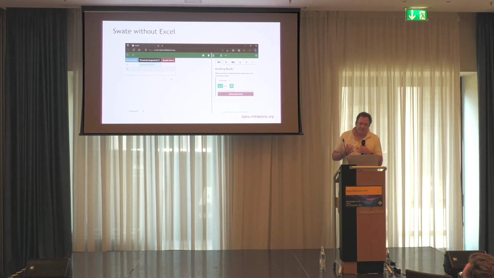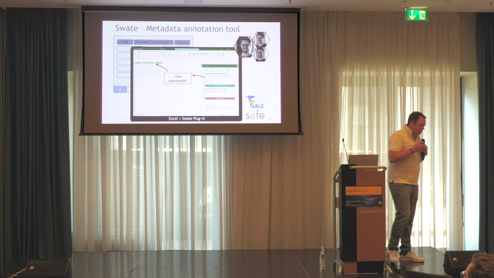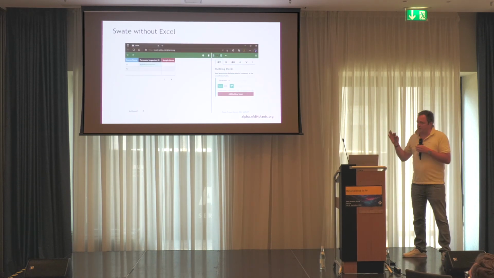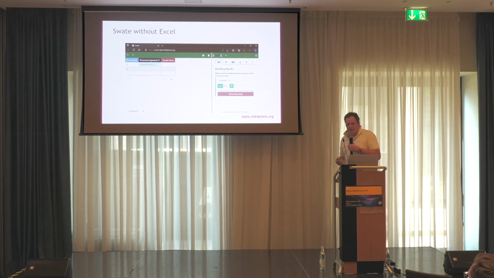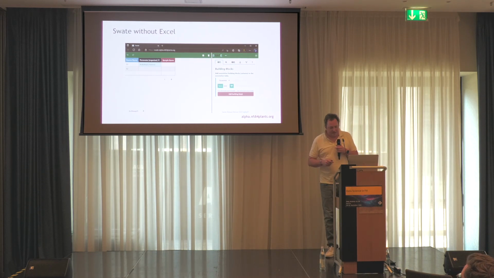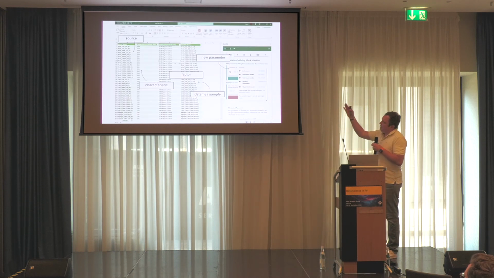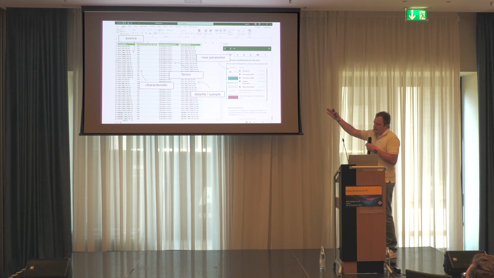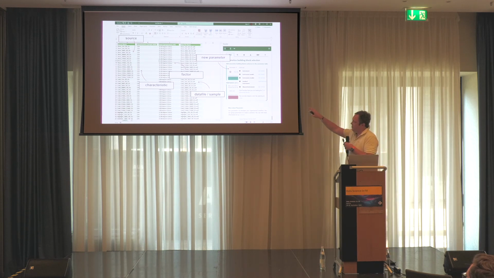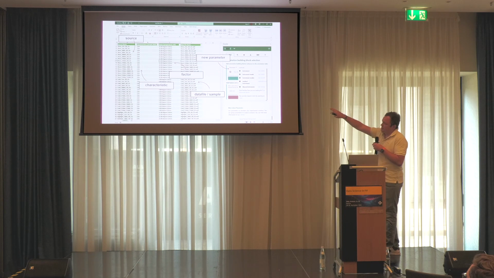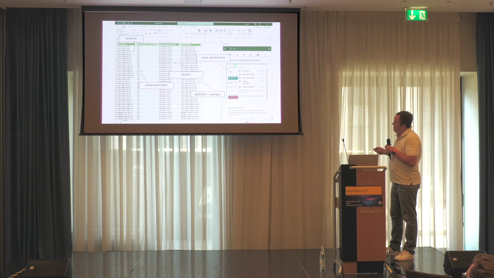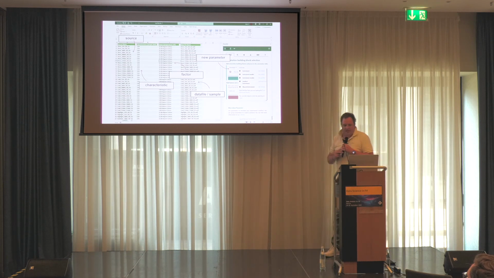There are people who love Excel and use this one, but there are also people who are strongly opposed to Excel. Therefore we also have a web-based Excel-free version of the same thing, at the moment in the alpha state, but it will come out as fully usable. And this is what you then produce, and I just give you a screenshot here. If you type "instro", you see that it suggests instrument model. This ontology term has an ID and is therefore absolutely identifiable, and you can really use it.